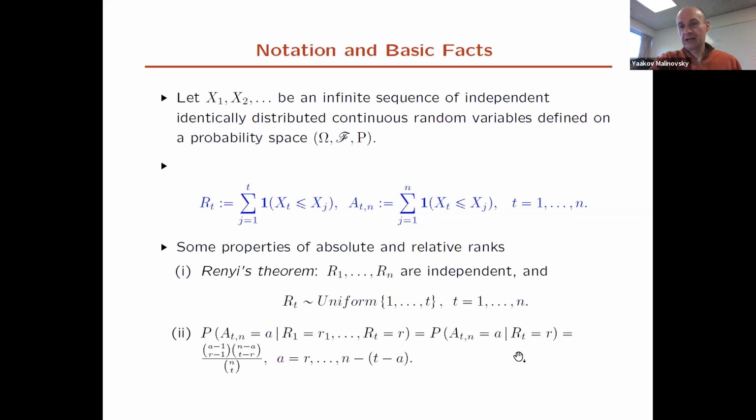It depends on the value of the relative rank at time t, and is given by this combinatorial formula, which can be straightforwardly calculated using the assumption that x1, x2, ..., xn are iid continuous random variables, with probability of ties being 0. Now, in the beginning, we will assume that the only available information, as I said, is relative ranks.